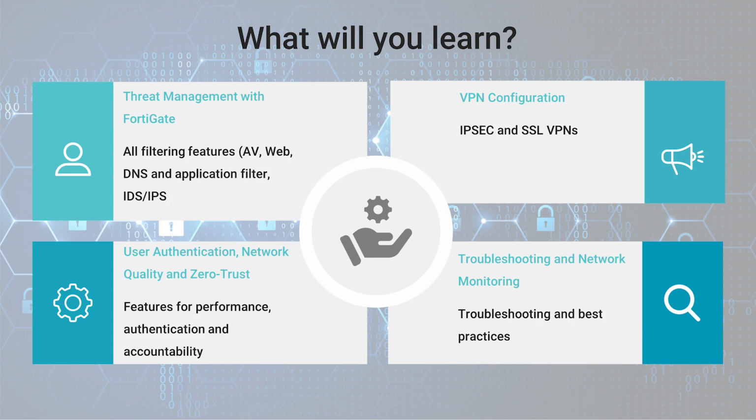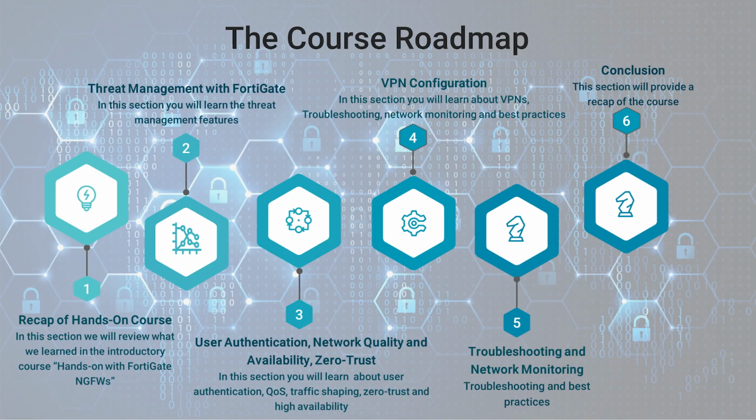That means tying traffic to a user identity, connecting to your LDAP, for example, making sure the quality of your calls and video calls is the best possible, zero trust architecture, and configuration of IPsec VPNs. Then troubleshooting and network monitoring, in which I talk about best practices, and what you need to understand and know to be able to troubleshoot each feature of the device. So let's take a look at our roadmap here.